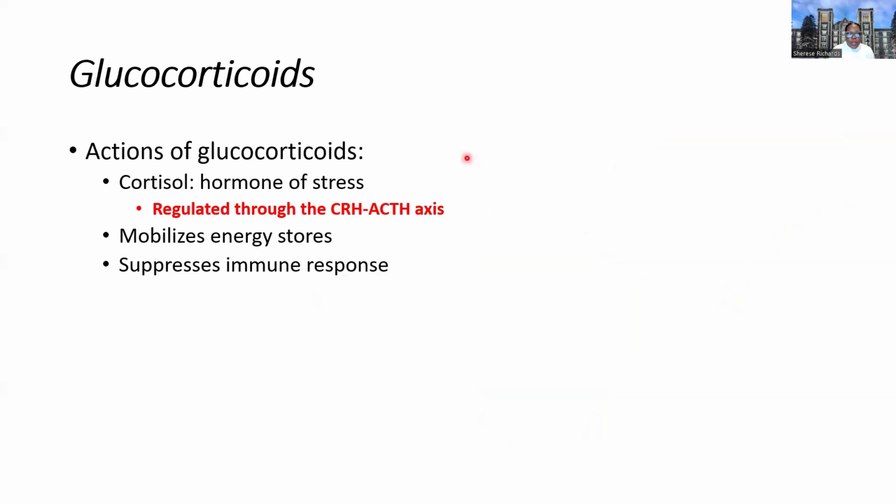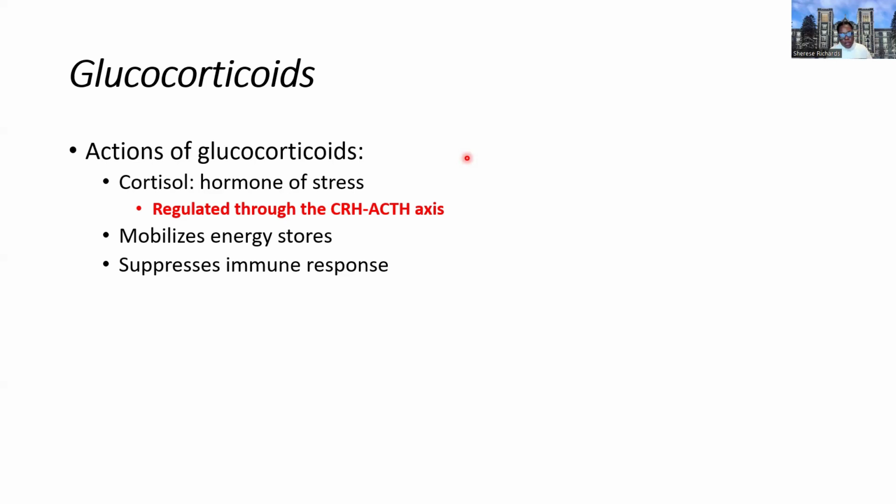Now, when you think about glucocorticoids specifically, this is one of the primary roles of the cortex of the adrenals. And again, cortisol, the stress hormone, is what is released here. So this is under regulation of the CRH, ACTH axis. That means CRH is the hypothalamic trophic hormone that is released from the hypothalamus.